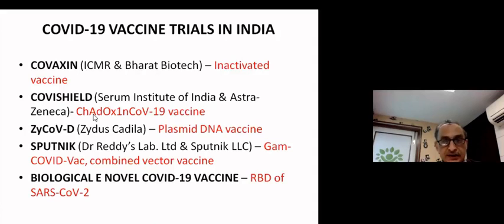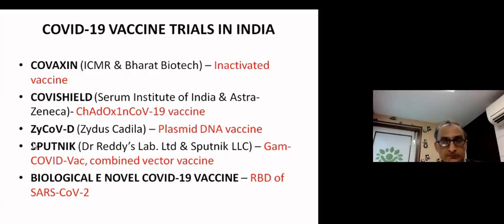The Covishield is basically an adenovirus vectored vaccine. It has been developed in the chimpanzee cells using an adenovirus vaccine. This is the code name of the vaccine before it was launched. The brand name is Covishield. There is one more company, the Zydus Cadila, is working on a plasmid DNA vaccine. So phase 3 trials are still underway.